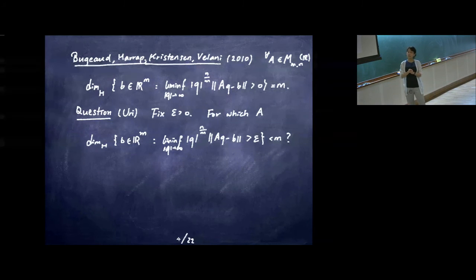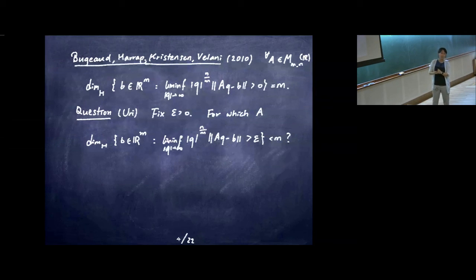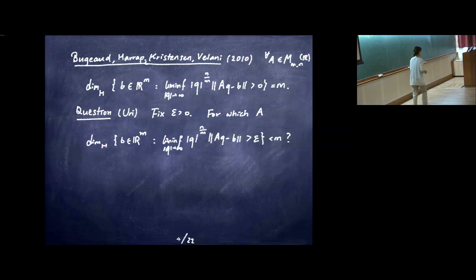But maybe it's true that even for just one fixed epsilon, the Hausdorff dimension is already full. If this is not full, then the result of Bugeaud, Harrap, Kristensen, and Velani is true in a non-trivial way. So we were asking this question.